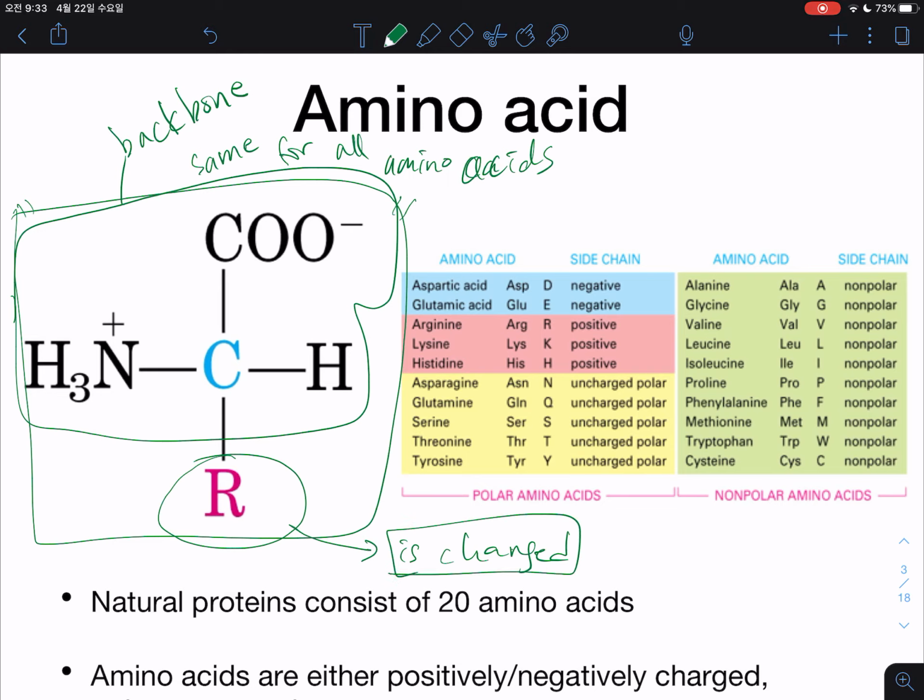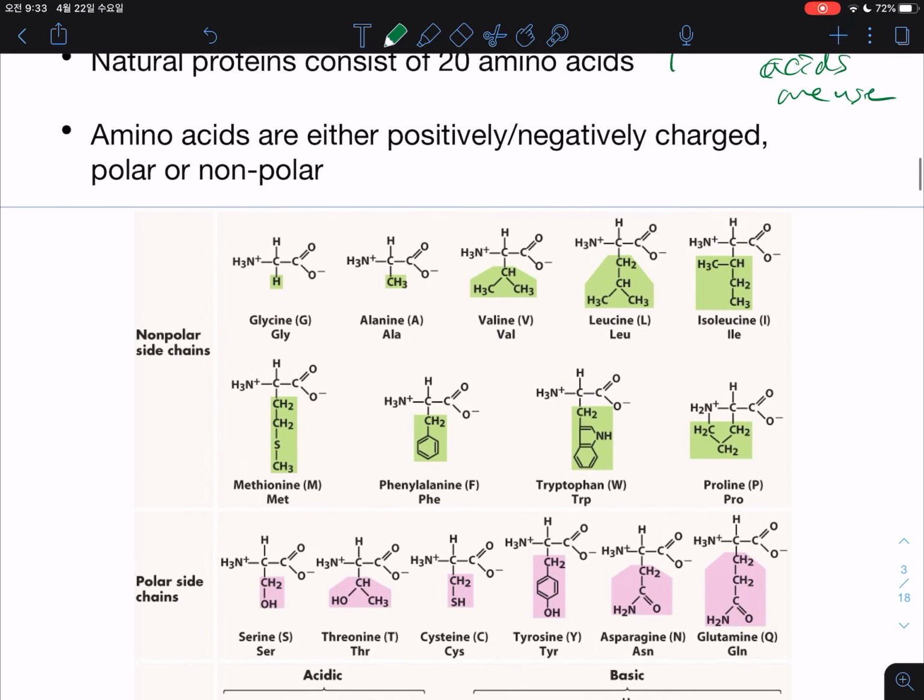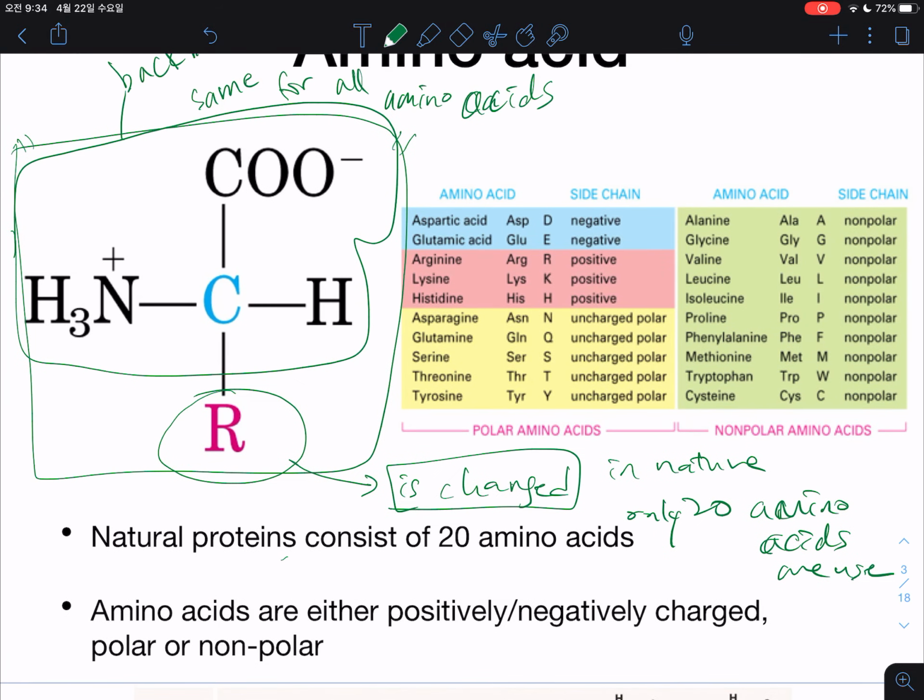And in nature, natural proteins consist of only 20 amino acids. As you learned from organic chemistry class, this R group can be anything. It can be arbitrary.